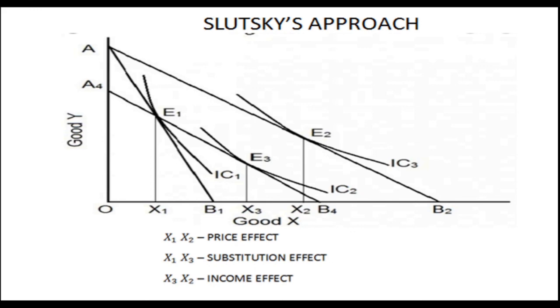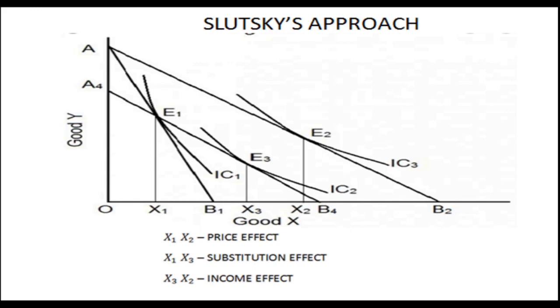So after the withdrawal of money income, the consumer moves from E2 to E3. But E3 is not the original equilibrium point. Neither is IC2 the original indifference curve, nor is E3 the original equilibrium point.